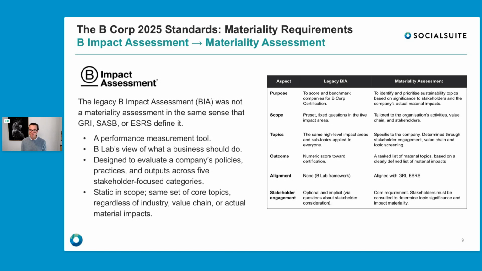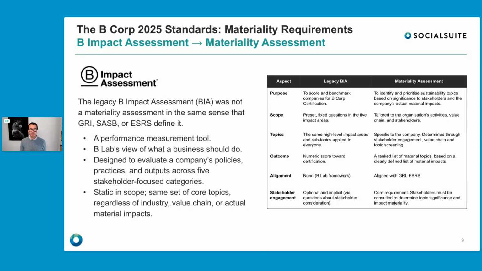The outcome of the two things are different as well. Where with the legacy BIA, it was that numeric score towards certification, the materiality assessment is about getting that prioritized material list of topics that are based on clearly defined material impacts. So there's a real connect between your material impacts and your material topics. And in terms of alignment, there was no alignment.